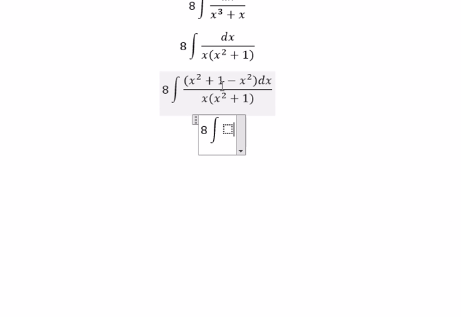S squared plus 1 divide s squared plus 1, you got about 1 over s. S squared divided by s, you got about s over s squared plus 1.